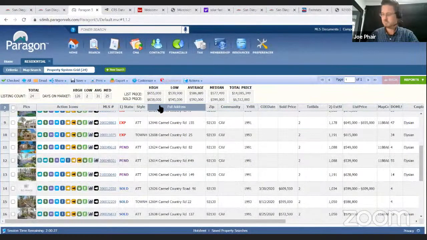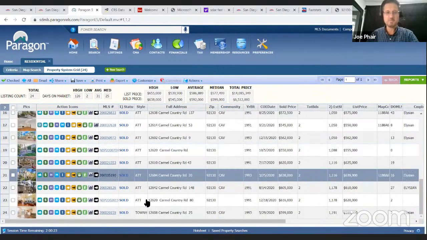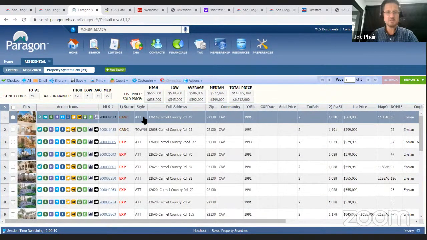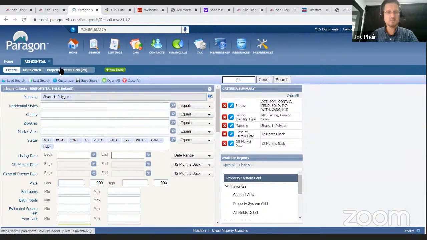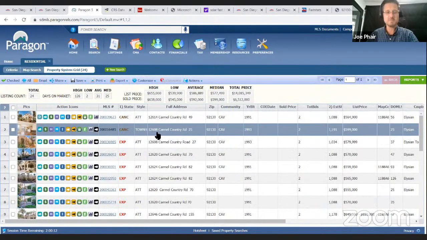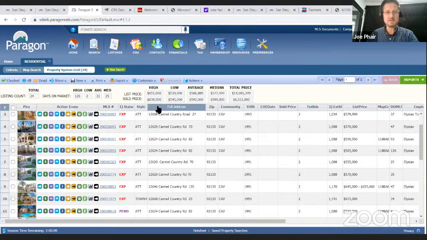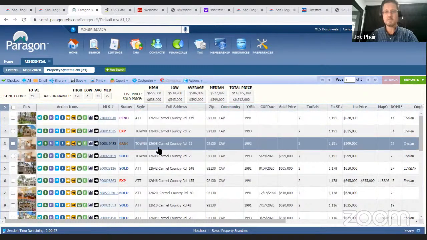So we have sold, pending, expireds, canceled. We have nothing active. But let's filter by square footage. Anybody remember what the square footage was on this one? It was just over 1,000 square feet, right? 1,088.